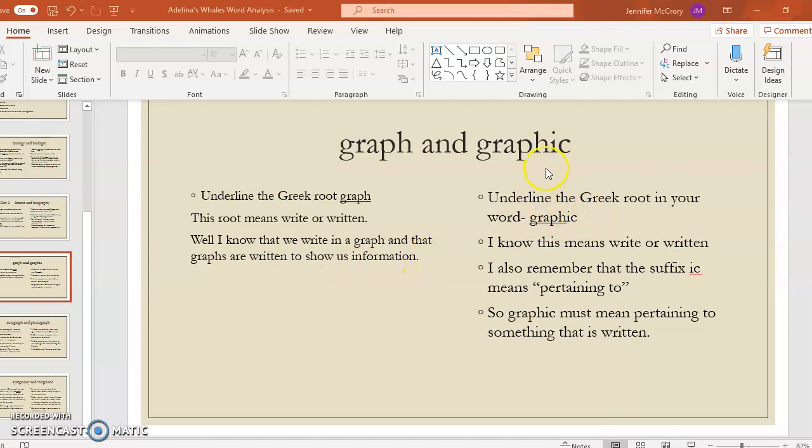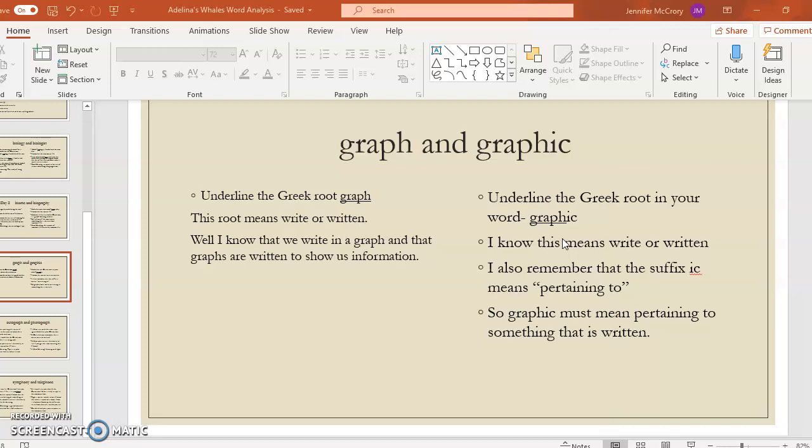All right. So let's go over here to graphic. Again, I can see this word graph, and I know that it means write or written, but I also remember that in the past we've talked about different suffixes, and we know that we've added IC to the end of the suffix IC, okay?